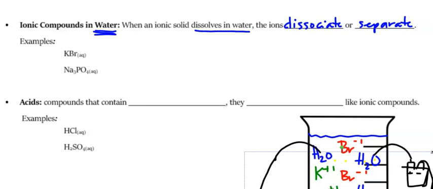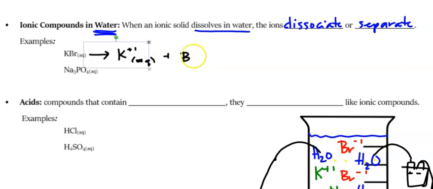And we write this dissociation equation like this. We show the KBr when it's aqueous. Remember the aq? That's telling us the solute is KBr, the solvent is water, and it dissociates, so it separates into K+1 ions. They're also aqueous, right? They're still in that water. And we've got bromide ions, also aqueous.